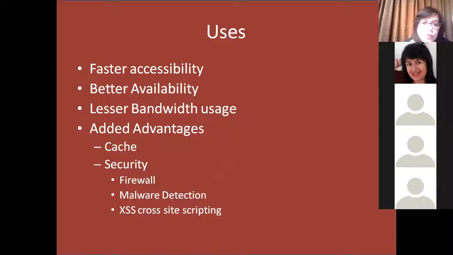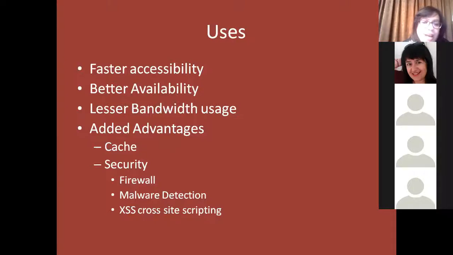So what are the uses of having a CDN? It gives faster accessibility and better availability. If one of the machines is not available, the other machine is made available to the user. Faster accessibility, because if I am in India and I am surfing a website which is hosted in the US, through CDN, the original hosting server is in the US, but the CDN would provide a server in Asia somewhere.